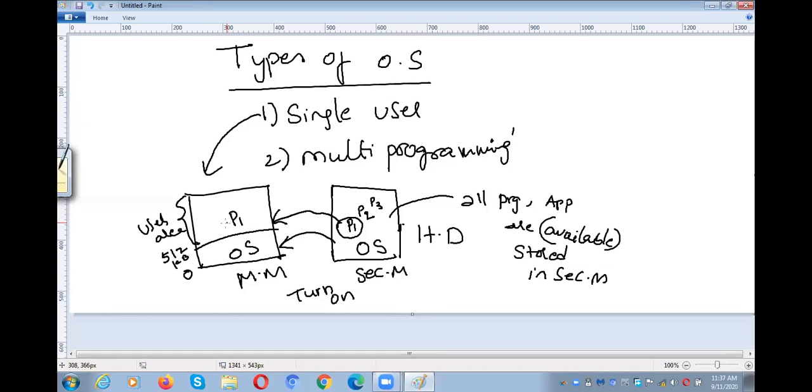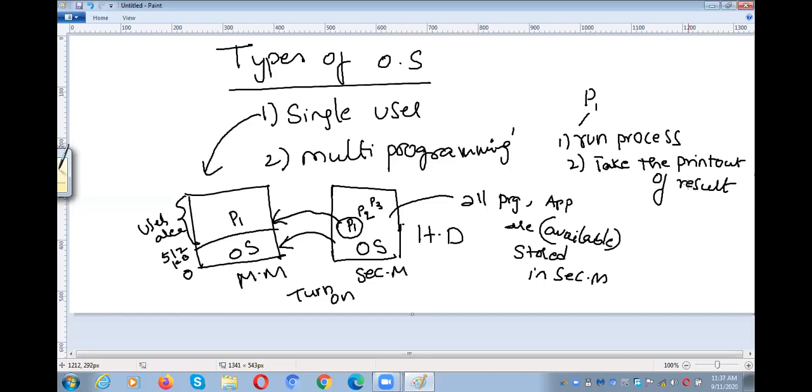Okay. So, for example, let me tell you about process 1. What you need to do is run this process. That is your first task. And what is your second task? You need to take the printout of the result.